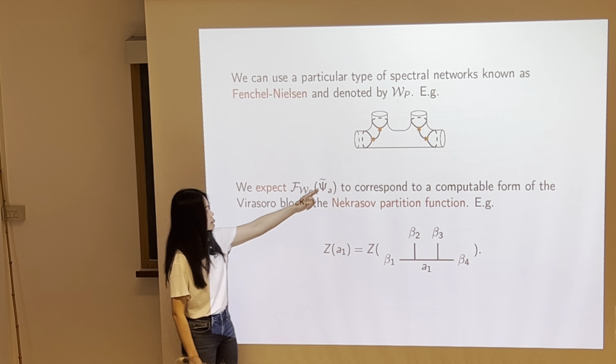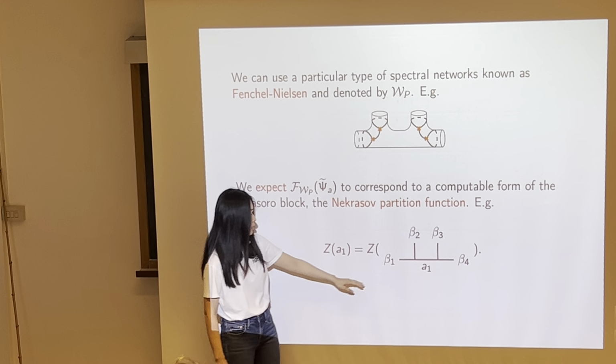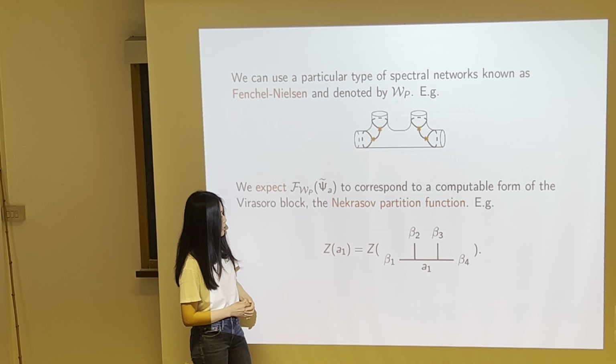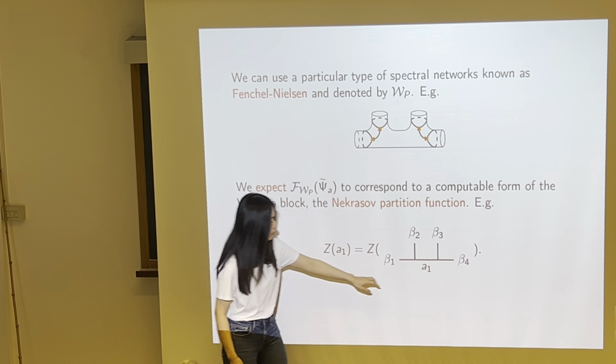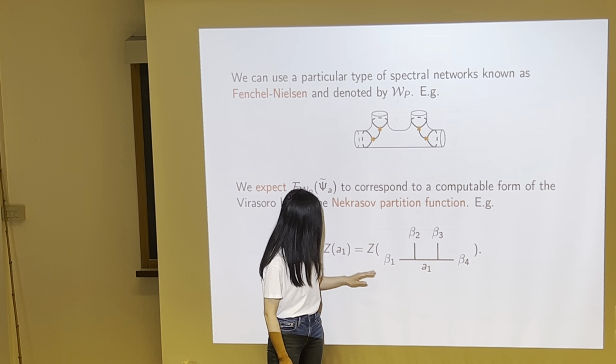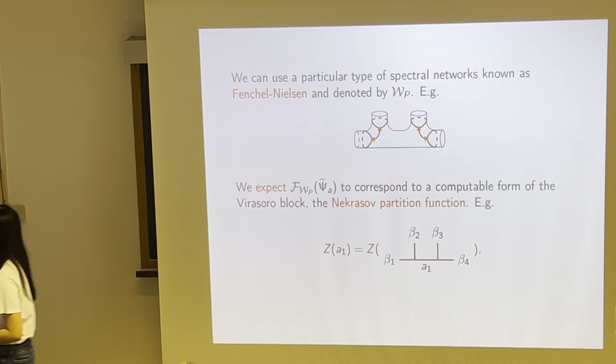For this particular example, we expect it to give us the Nekrasov partition function corresponding to this Coulomb diagram, and you can already see some similarities between the two. For simplicity, I will neglect all the mass parameters and just use the momentum on the internal leg. Those are the mass parameters for the punctures.